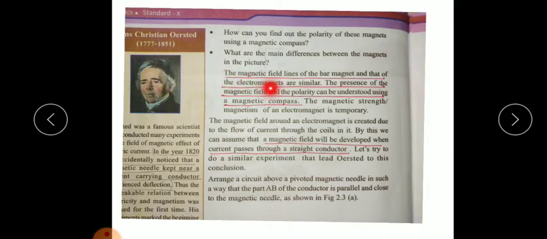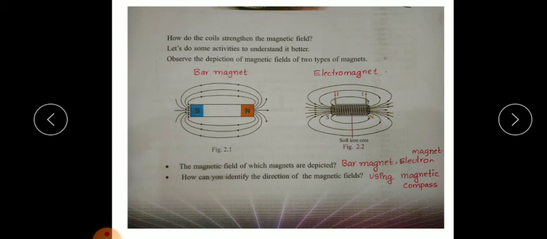The magnetic field lines of the bar magnet and that of the electromagnets are similar. So here you can see the field lines are originating from the north and ending in the south. In the electromagnet also you can see the same. Here it is starting from the north pole and ending in the south pole.